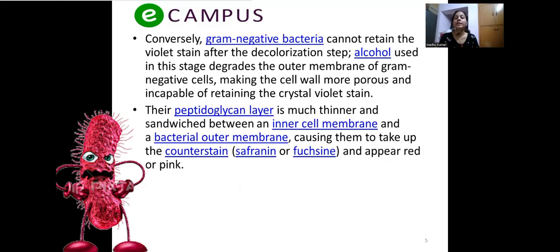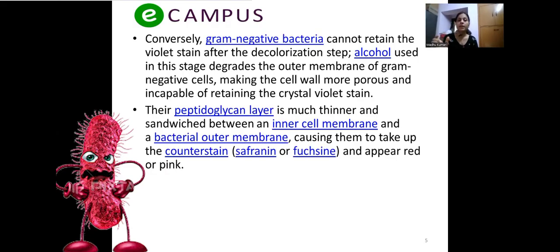On the other hand, gram negative bacteria cannot retain the violet stain after the decolorization step. Alcohol used in this stage degrades the outer membrane of gram negative cells, making the cell wall more porous and incapable of retaining the crystal violet stain, because they have a thin peptidoglycan layer.